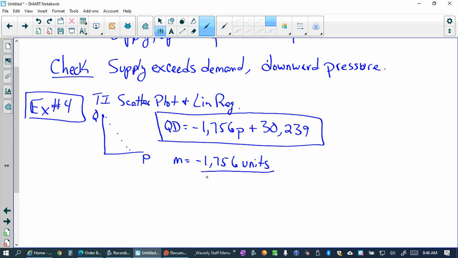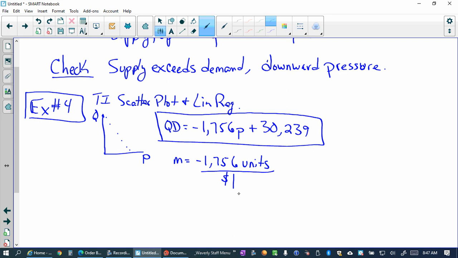For every $1 of increase, as the price goes up $1, the quantity demanded goes down 1,756. So $1 higher, there will be this many fewer demanded at that higher price. And every dollar you add, it's that many fewer demanded.